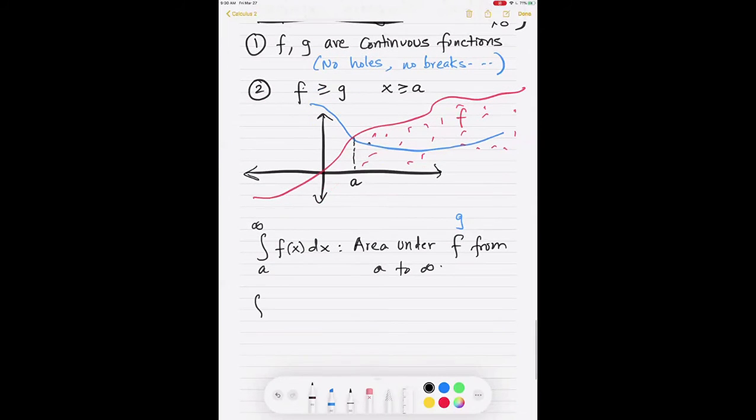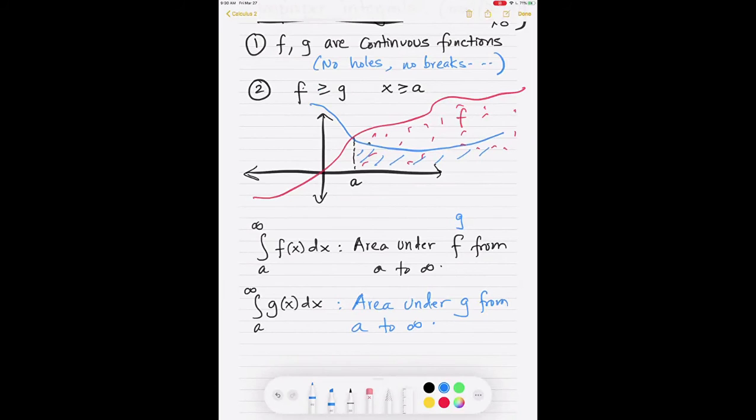So if I go integral a to infinity g of x dx, then that would be this blue area. So it's area under g from a to infinity.